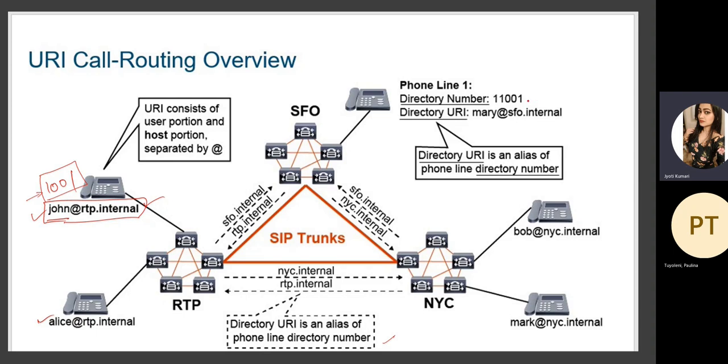For the phone line, for example, a directory number is this and its URI is this. This will be an alias of this phone line directory number. So these are some terms. This just represents different names, and URI is configured for different phones in different locations or different sites.